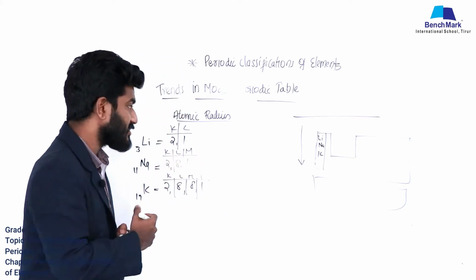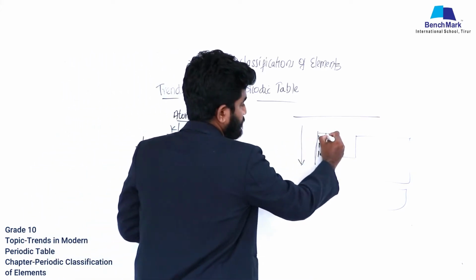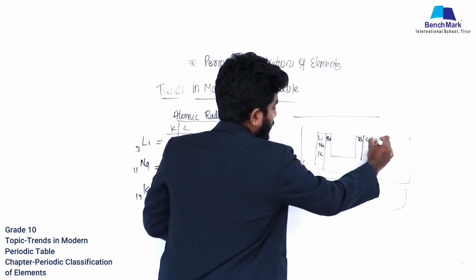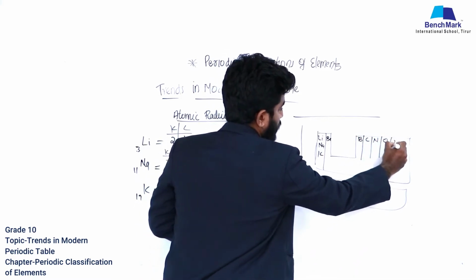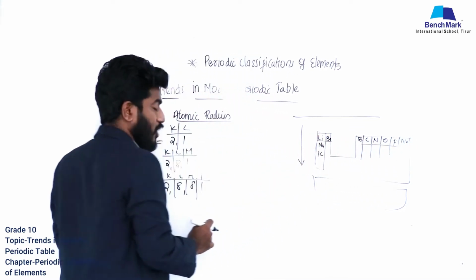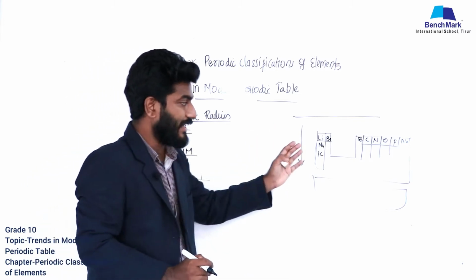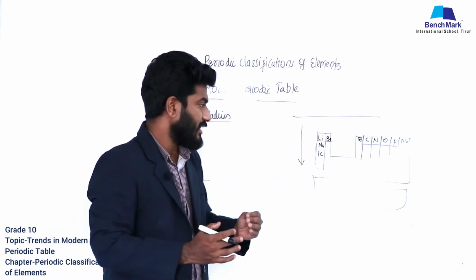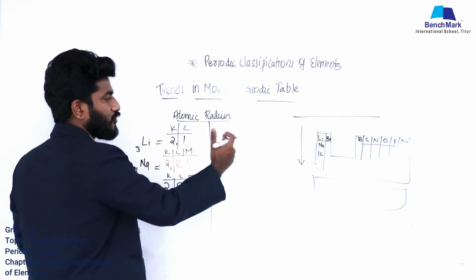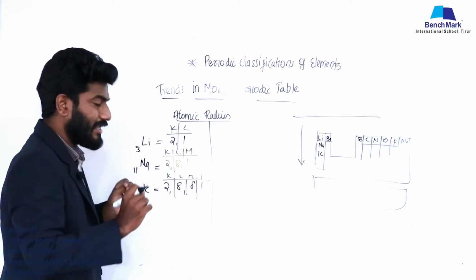Or if we consider the case of lithium, beryllium, boron, carbon, nitrogen, oxygen, fluorine, neon. Listen, what happens to the atomic radius if we move from left to right? That's the next question. In order to answer that, again, what do we have to do? We have to write the electronic configuration. Let me add one thing.